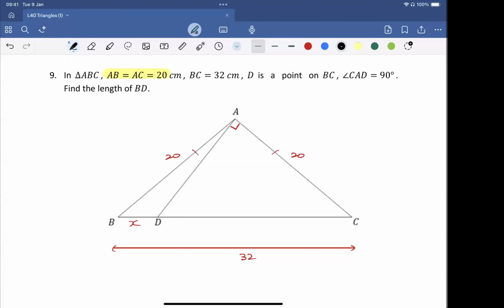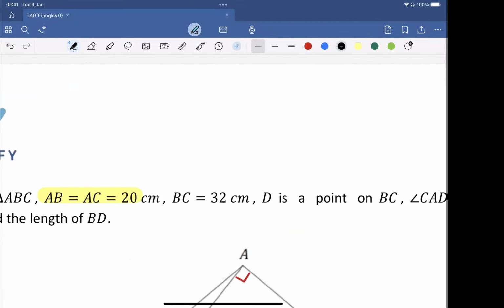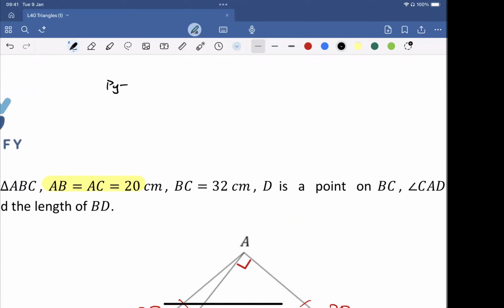Students, let me introduce you to another concept. It is called Pythagoras Theorem. There's this guy called Pythagoras.